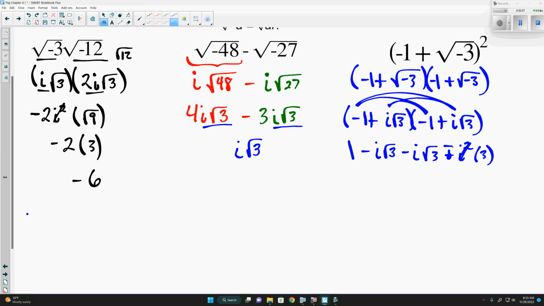Essentially do the multiplication of -1 and apply it there instead of letting the powers get bigger. Now at this point here we have 1 minus 3, which is -2. And the graphing calculator did give us that, yes? -i square root of 3 minus i square root of 3 is -2i square root of 3. And that's it.